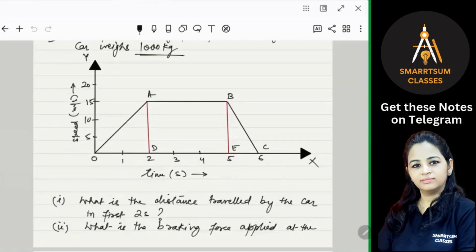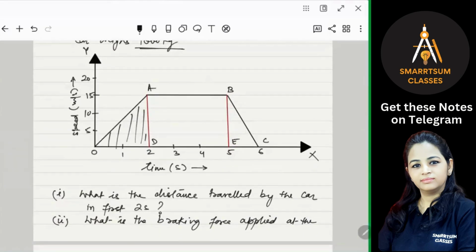So look at this triangle. If we find the area of this triangle, what is its base? Base is how many units? 0 to 2. 2 units. Base is 2 units. And what is the height? This is the height, and this is how much unit? From here to here, this is 15.